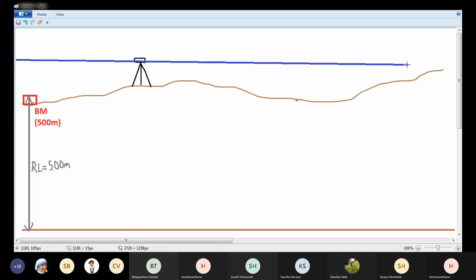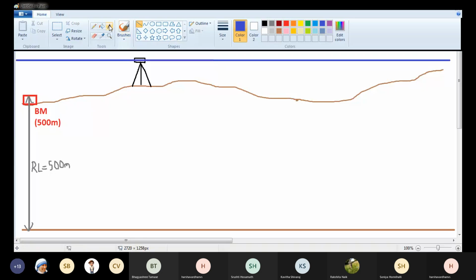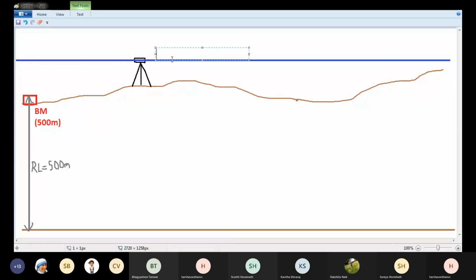So this is the line of sight of the instrument. It is passing through the center of the telescope. You have to remember all these terms: datum, benchmark, RL or elevation, and line of sight.